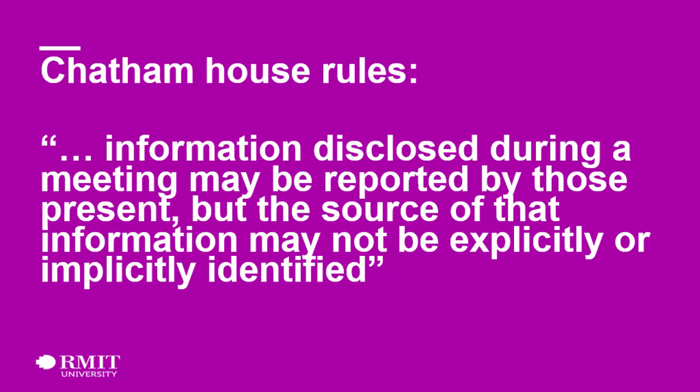Oh, I can see it up there. That's going to make my life so much better. Okay, so when we talk about Chatham House rules, we don't have to not talk about the thing that was said. We just don't identify our source.